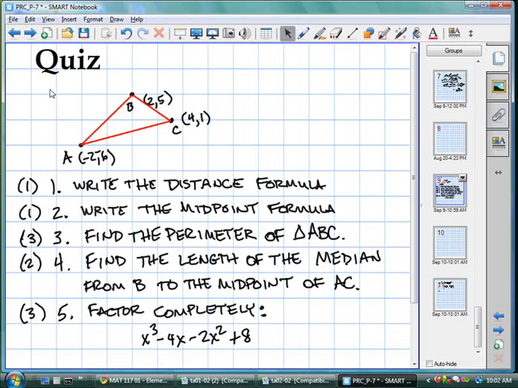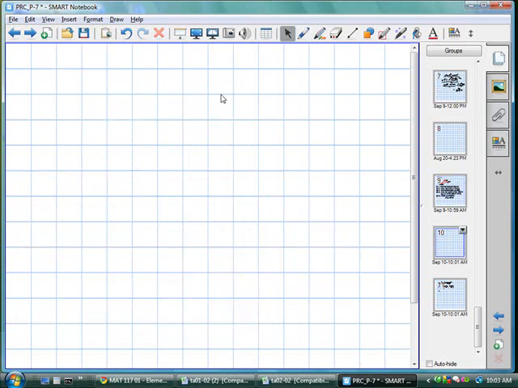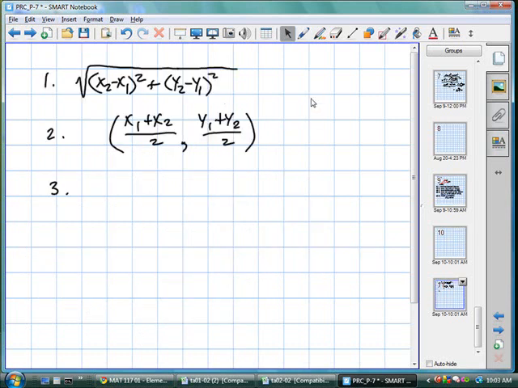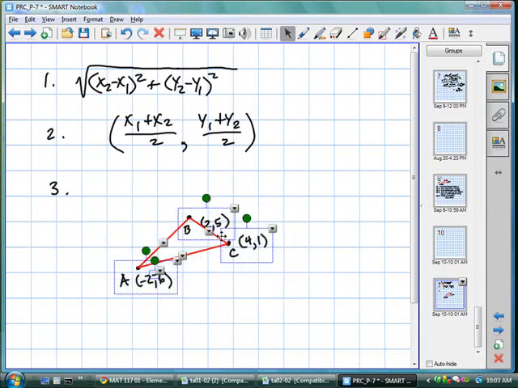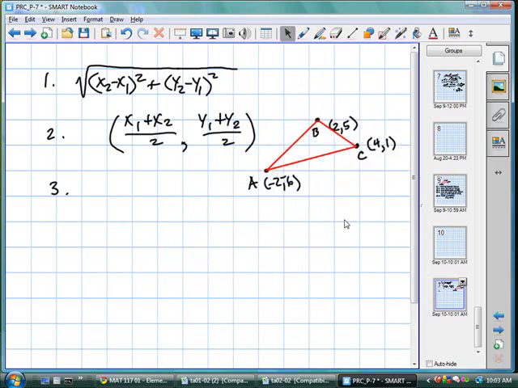So to start finding these, what's the length of AB?